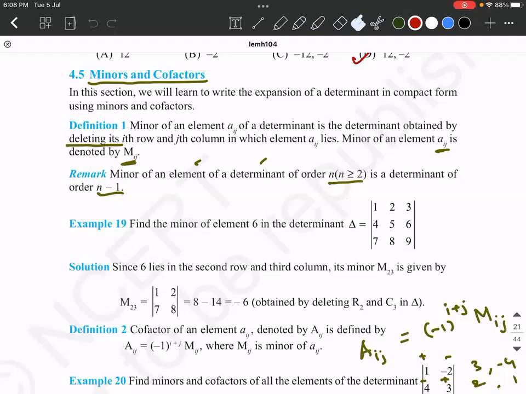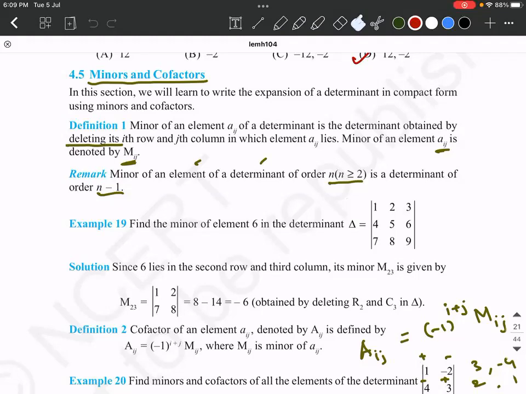Then I'll be left with a square matrix of order 2, and that order 2 square matrix is what is called the minor. So minor is basically the determinant that you obtain by ignoring the corresponding row and column of the element you're trying to construct.